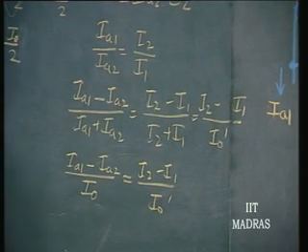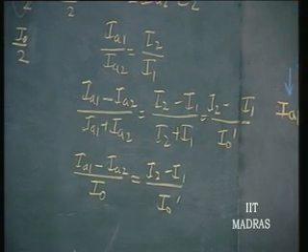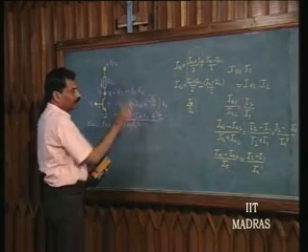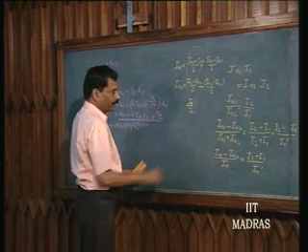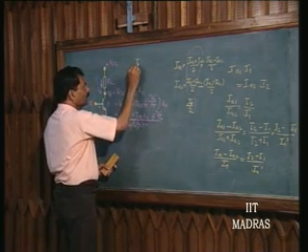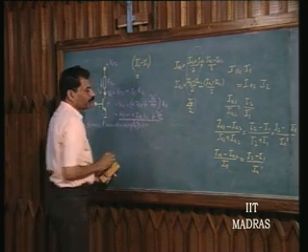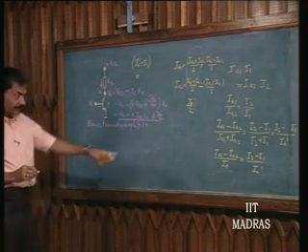This is an important relationship. If you notice this relationship, we will see something very nice emerging out of it. I2 minus I1 by I0 prime, therefore, I2 minus I1 equals, what is it?